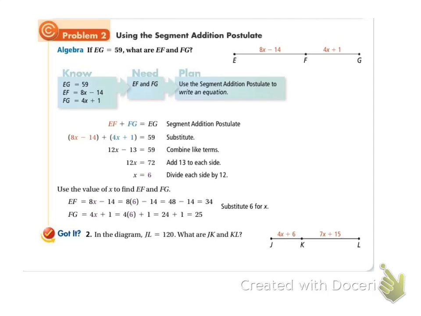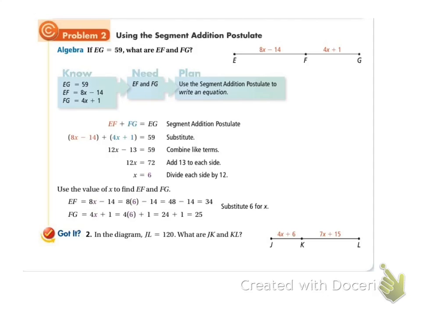And I know that by the segment addition postulate. So then I can plug in the expressions for EF and for FG, and now I can use algebra to solve for X. Once I solve for X, I need to go back in to plug in to figure out what EF and FG are.